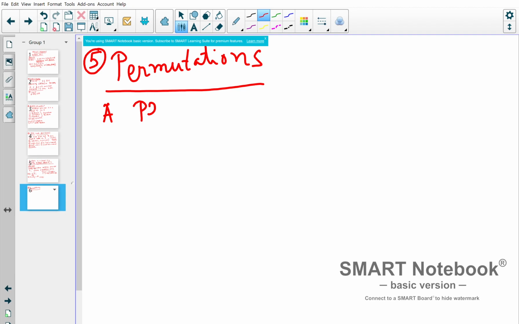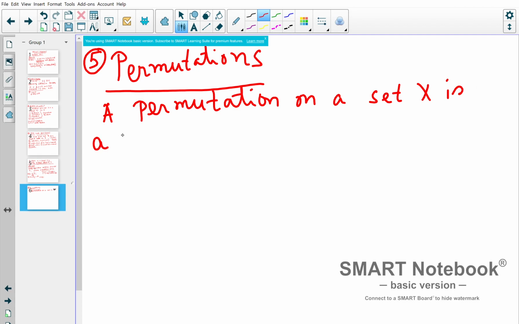A permutation on a set X is a bijective map on X. Okay, so permutations are nothing but bijective maps.